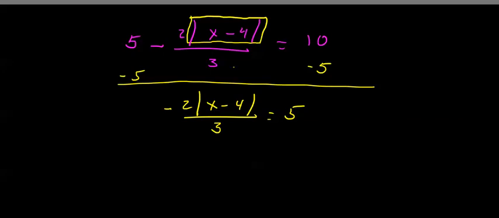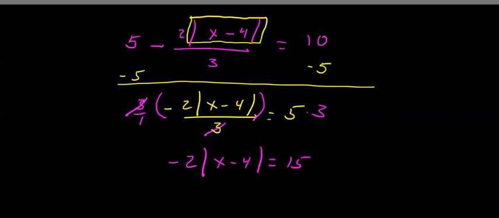Now I want to get rid of the fraction. I'm going to kill the fraction. I could have killed it right off the bat. So I'm going to multiply both sides by 3. The 3's cancel. And then I'm going to have negative 2 times the absolute value of x minus 4 equals 15.